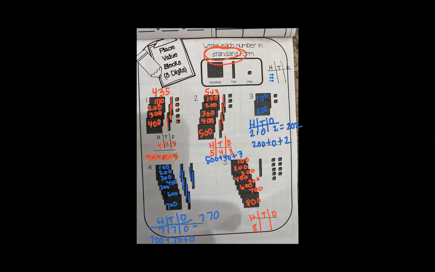There are 8 groups of 100. There is 1 ten, and there are 9 ones. To write it in standard form, we would write 819. Expanded form would be 800 plus 10 plus 9.